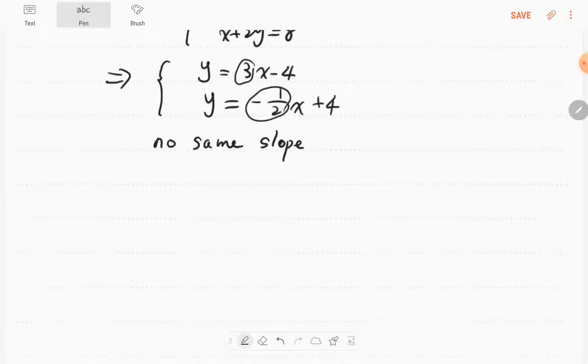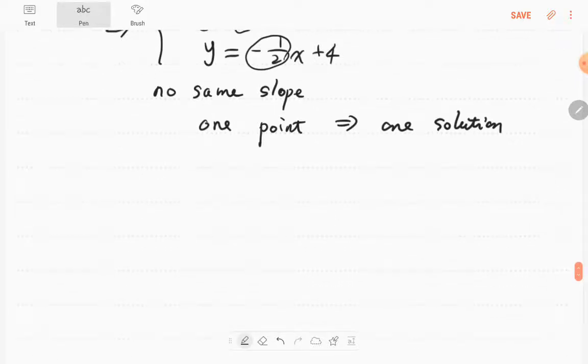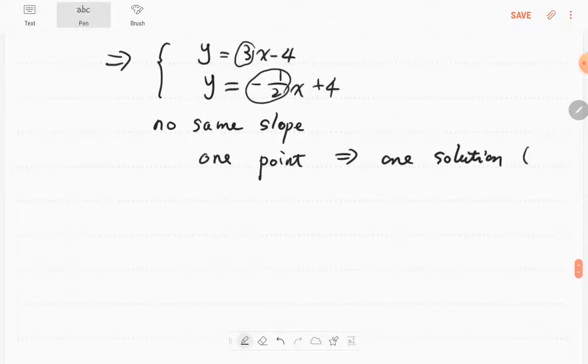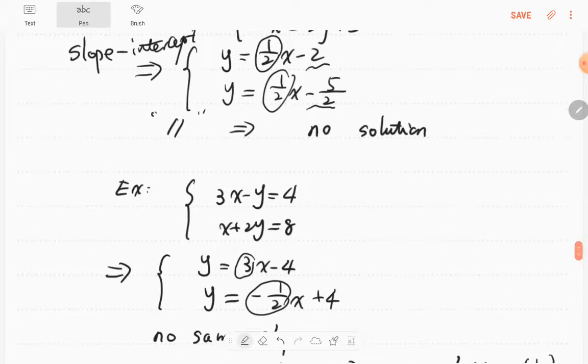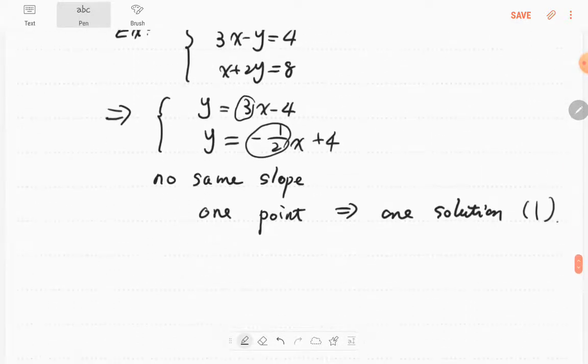We will have one intersection point. So it's just one solution, right? So we determine the number of the solution for this system. It's just one solution. For that one, it's 0 solution, right?